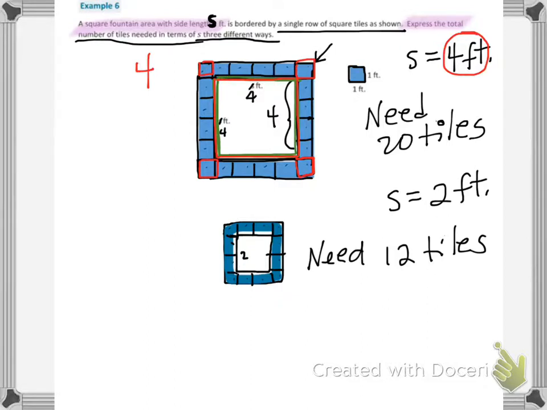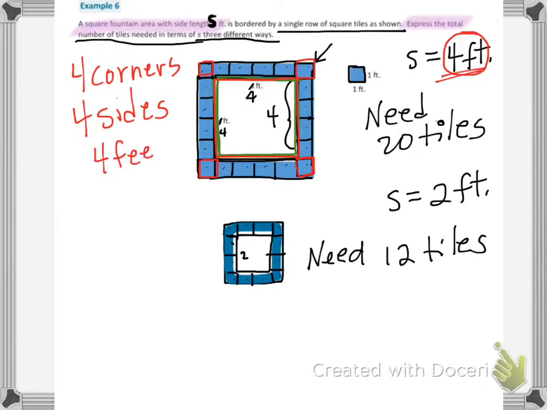So we have 4 corners, and then we have 4 sides, and in this case we had 4 feet to a side. 4 sides, which were 4 feet sides.